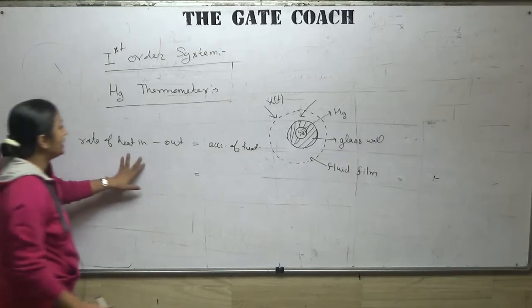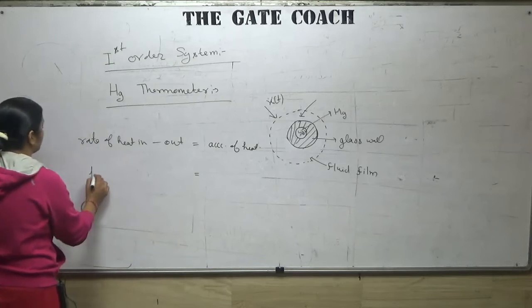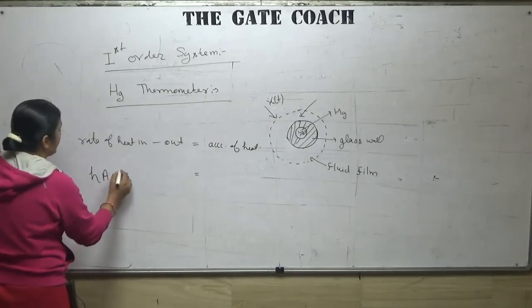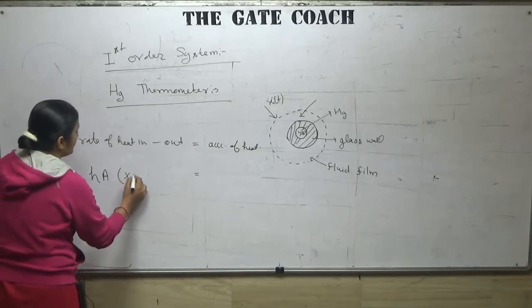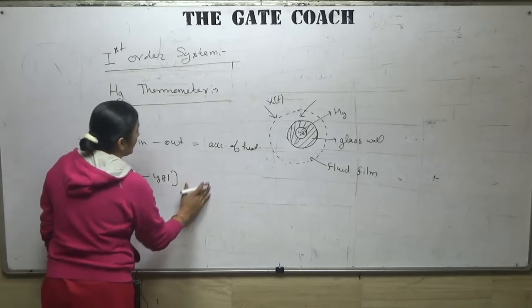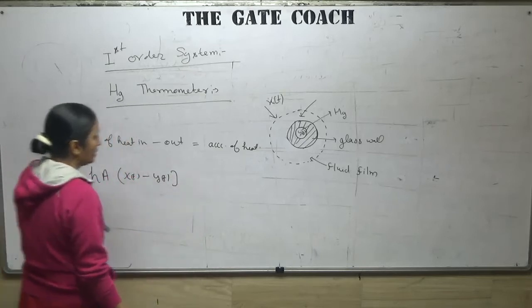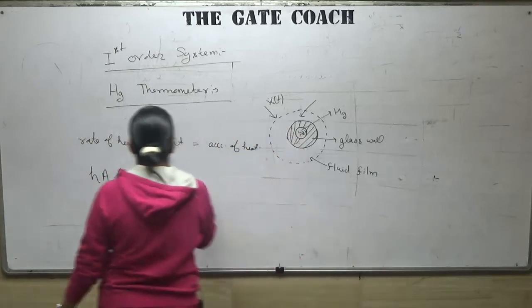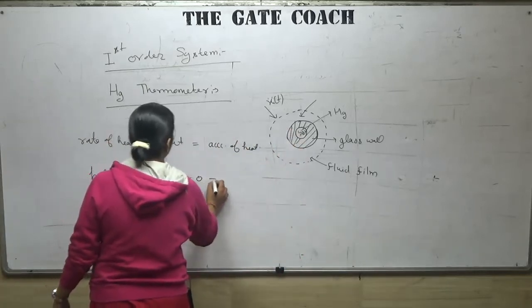So the rate of heat in here is only by convection, that is hA into (x(t) minus y(t)). There is no output here, only accumulation of energy, represented by the temperature, so output is 0.